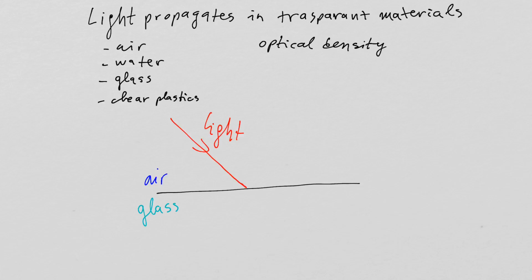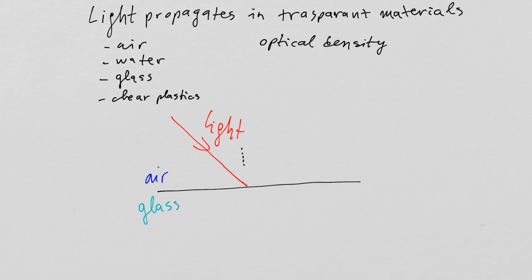So if I draw an imaginary line which is perpendicular to the surface of the glass, which I'm going to call normal to the surface. So again, this is an imaginary line, it doesn't really exist. And I continue this line into the glass.